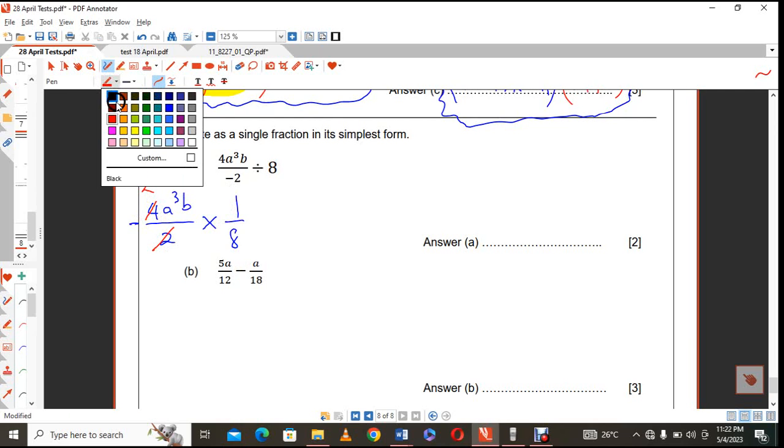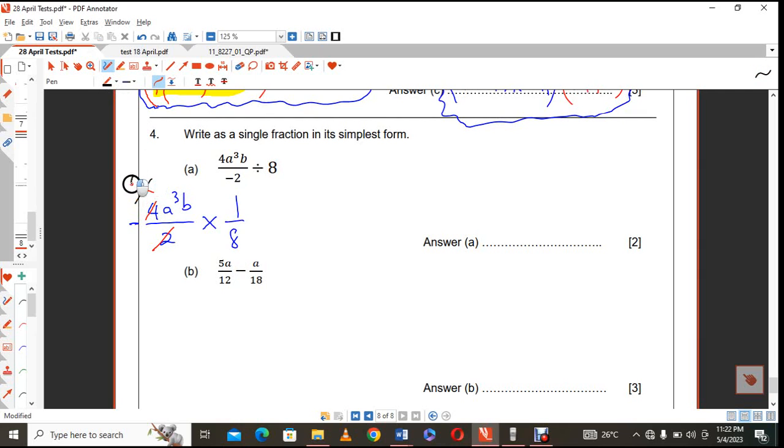I'll just bring in a different color. This 2 can go in here once, and it goes in here 4 times. All right, I could have cancelled the 4s if I wanted. So at the end of the day, I have got the numerator up there which is negative a cube b over 1 times 1 over 4. I'm going to write my negative here. A cube b, sorry, not 4.